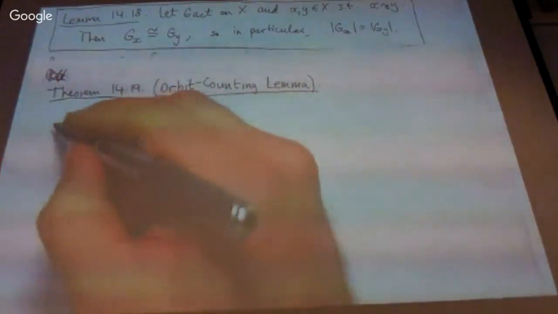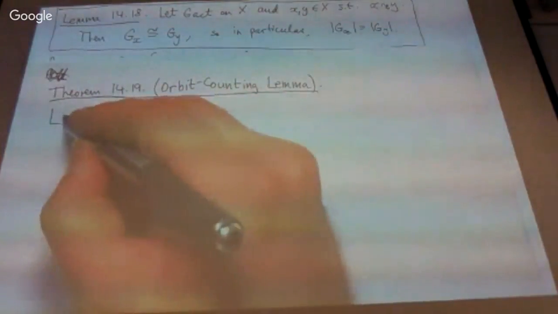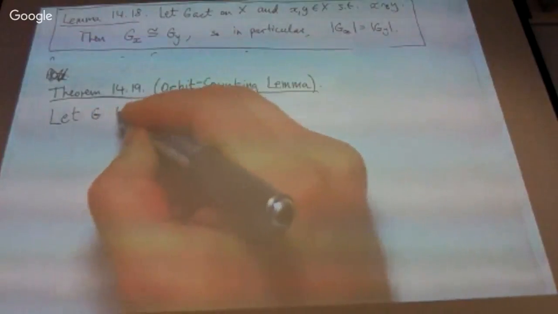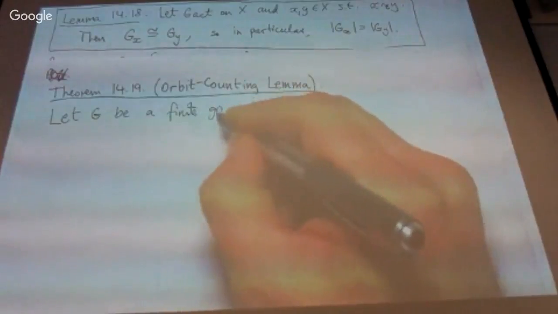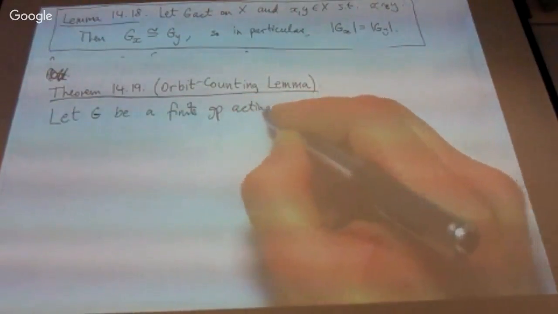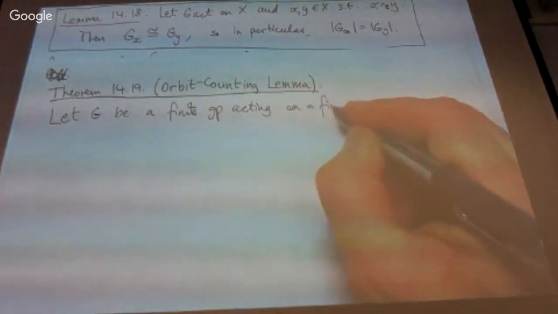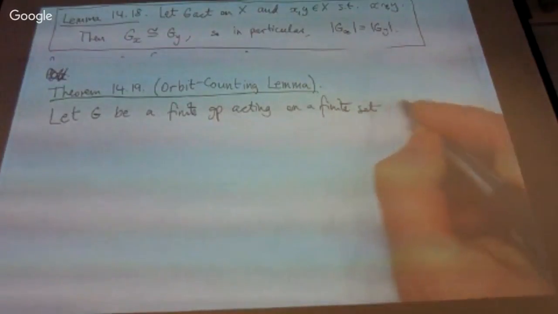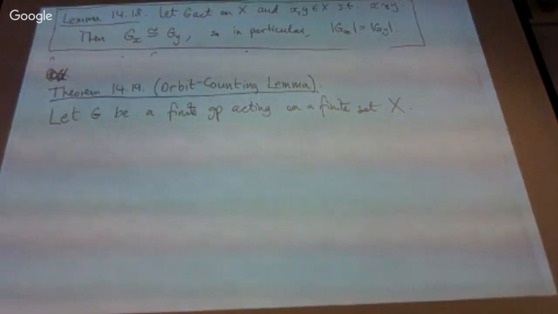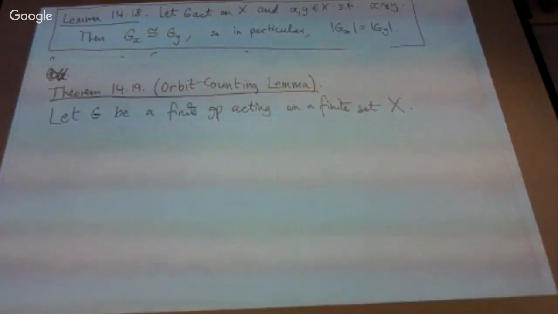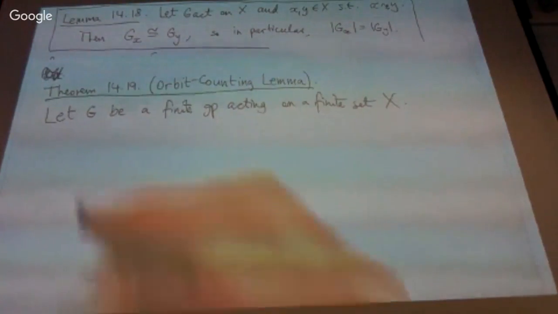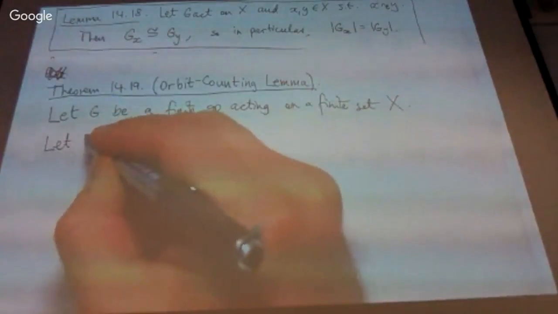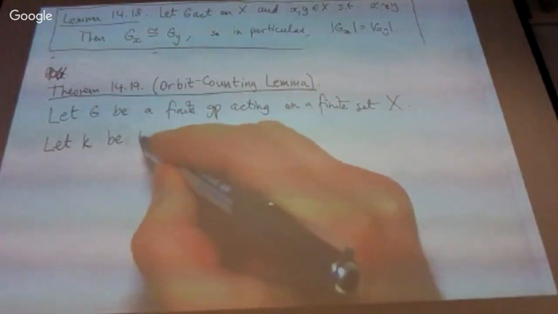Theorem. Okay, let G be a finite group acting on a finite set X. Let K be the number of orbits.